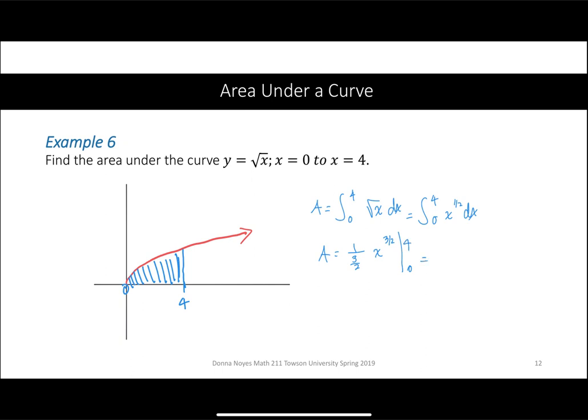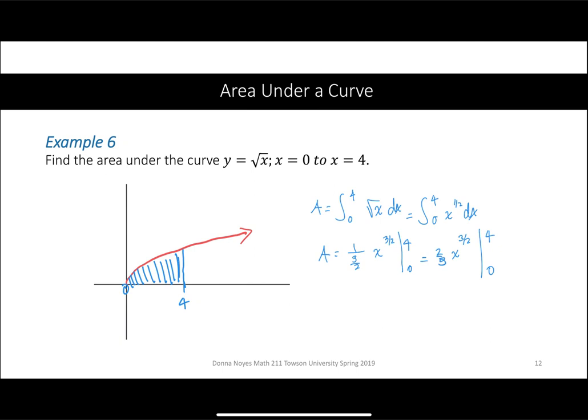If we want to simplify that, 1 over 3/2 is the same as 1 times, and then remember our rules for fractions, you flip and multiply the second one, so it becomes 1 times 2/3. So we really get 2/3 x to the 3/2, which we want to evaluate from x equals 0 to x equals 4.